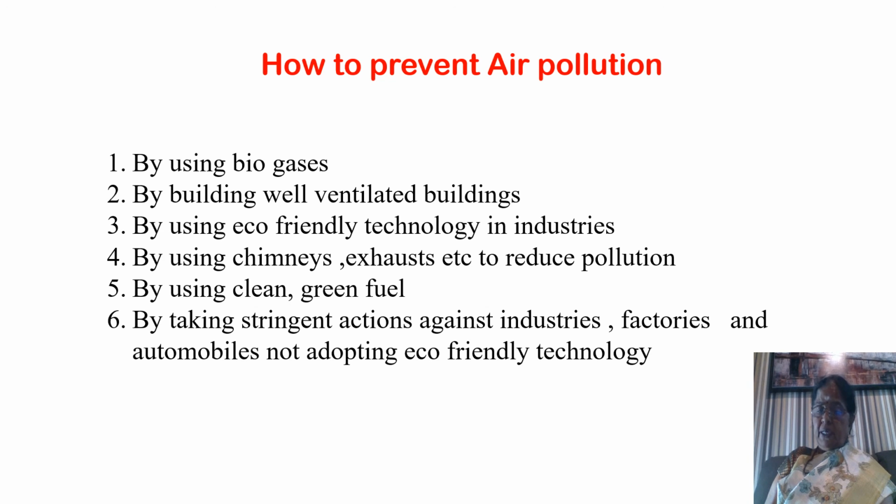Also by taking stringent action against industries, factories or vehicles which violate these safety norms. If they don't adopt eco-friendly technology, the government should punish them. That's the only way to prevent air pollution and make the world safer for everybody.